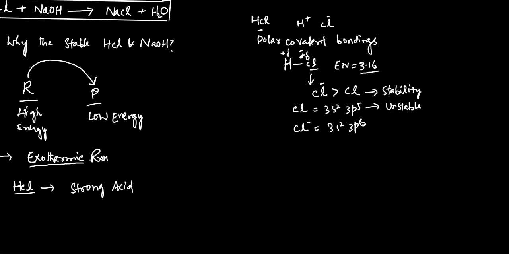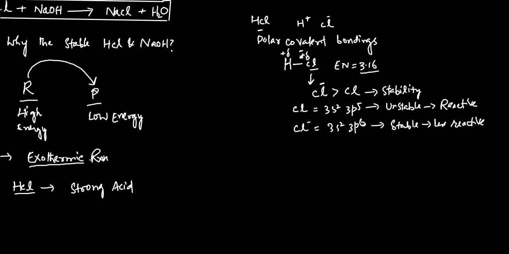So therefore this one is unstable and is reactive. Whenever something is unstable in chemistry, we can say that it's a reactive species. So this is reactive, and this one is quite stable, less reactive, or almost very non-reactive.